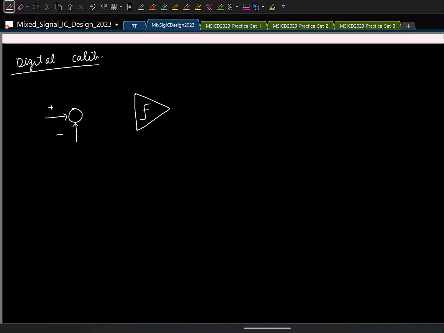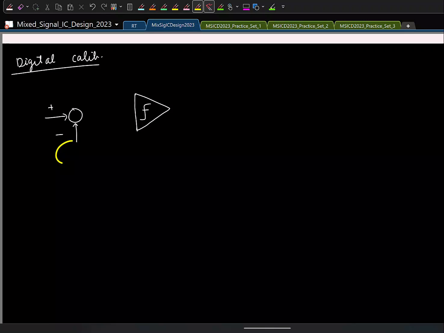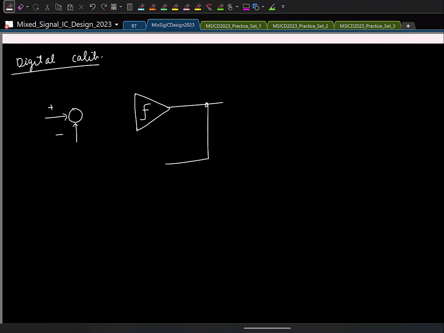What determines what reference voltage you compare the input with? I'm going to have a bunch of reference voltages, but what decides which reference voltage I'll be using? The previous comparison is going to dictate it. So inherently we saw there is a feedback. Let's say this is the digital output. Here we have some arrangement that generates a reference and we feed it.